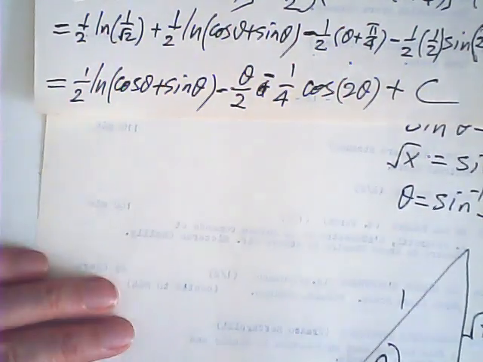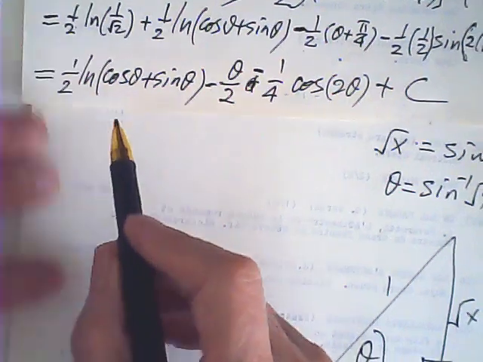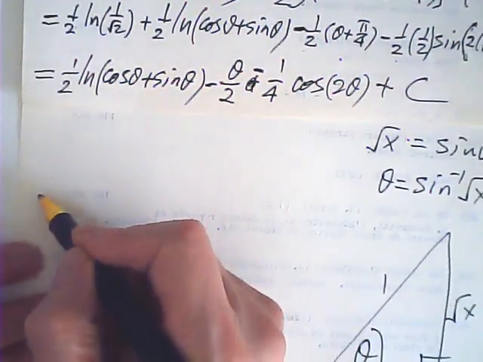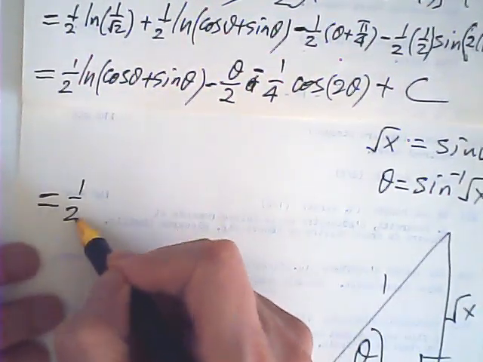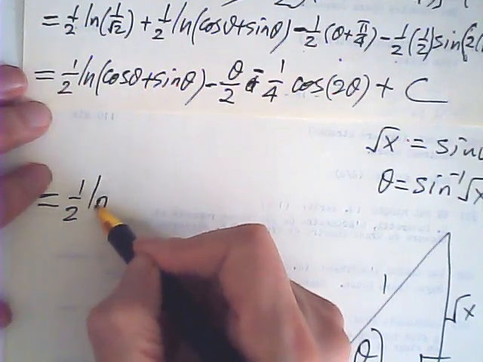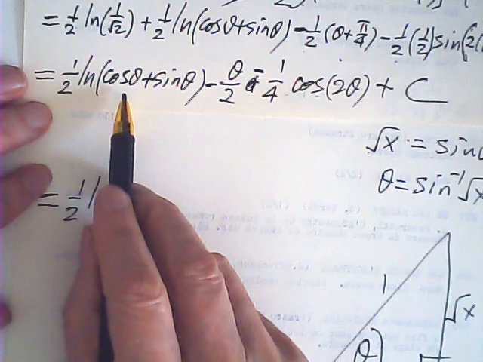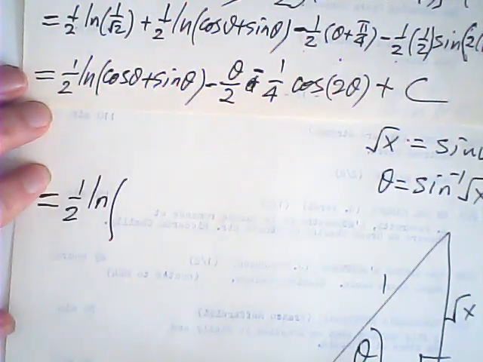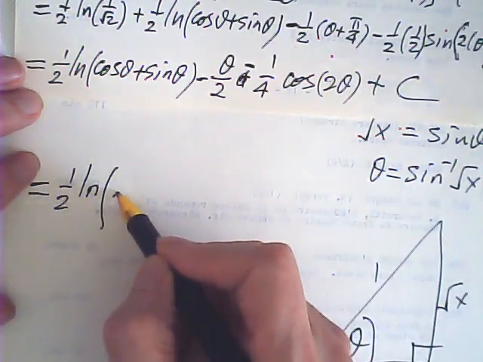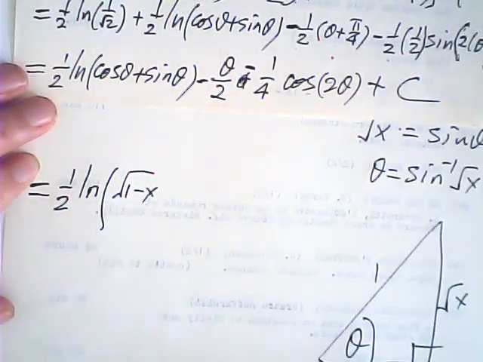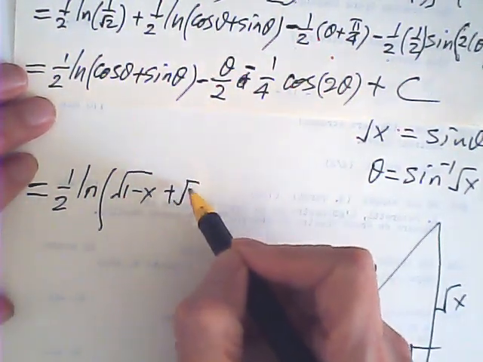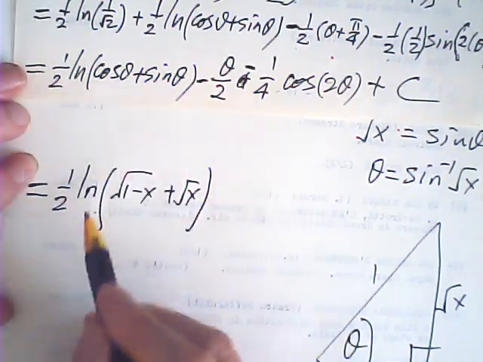So I convert back. This one is equal to 1/2 natural log cosine theta is this over that, right? Is this. Sine theta is equal to root x. Here, that is this.